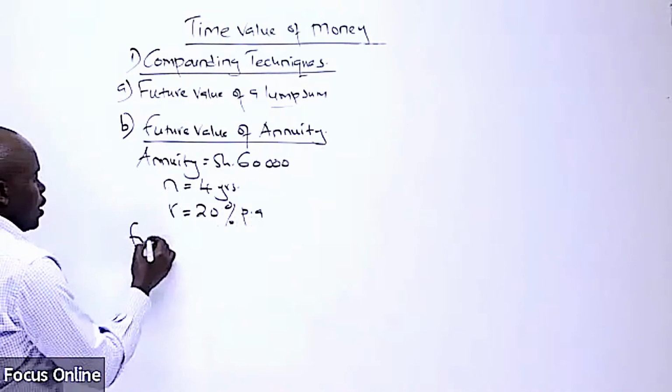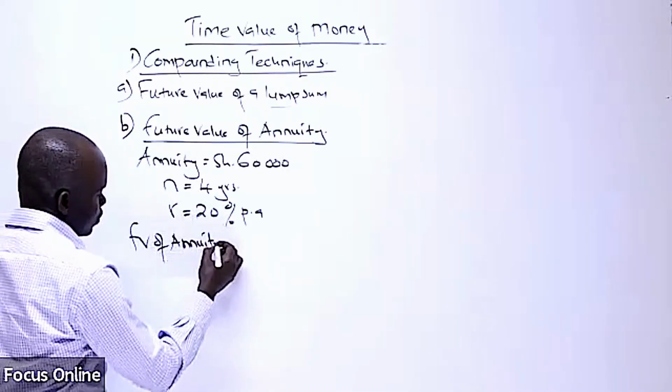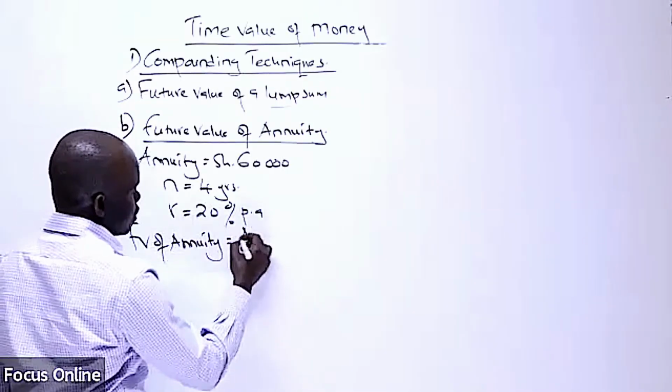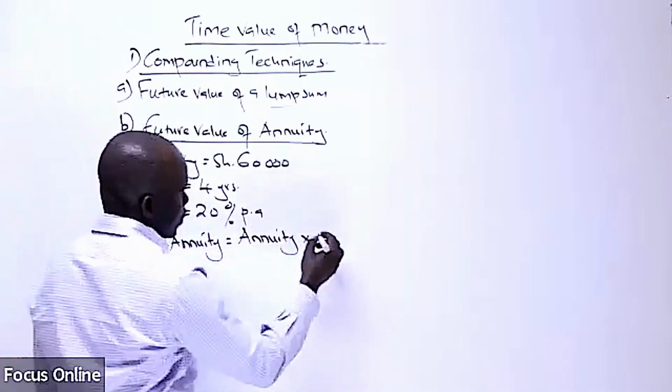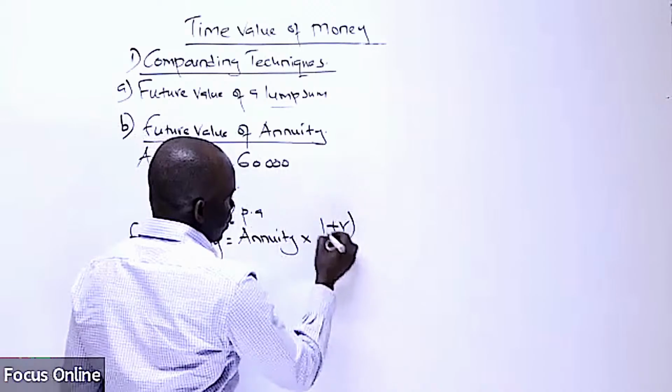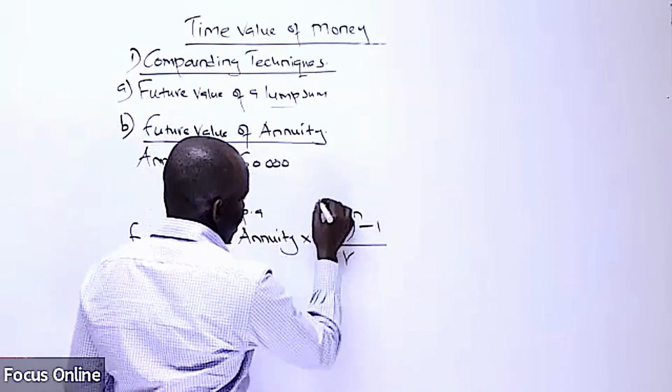So future value of annuity is equal to the annuity times 1 plus r power n minus 1 over r.